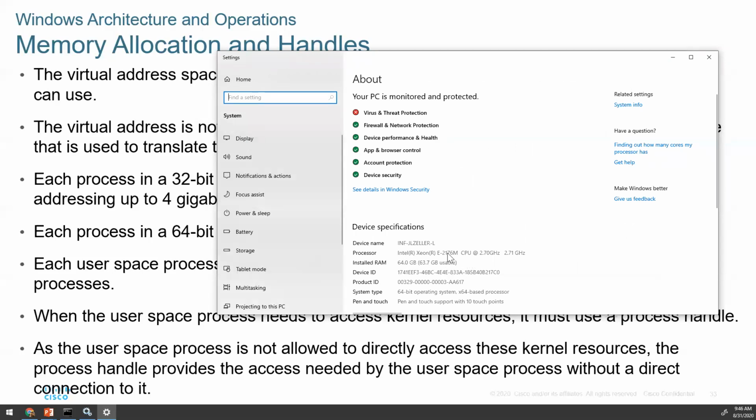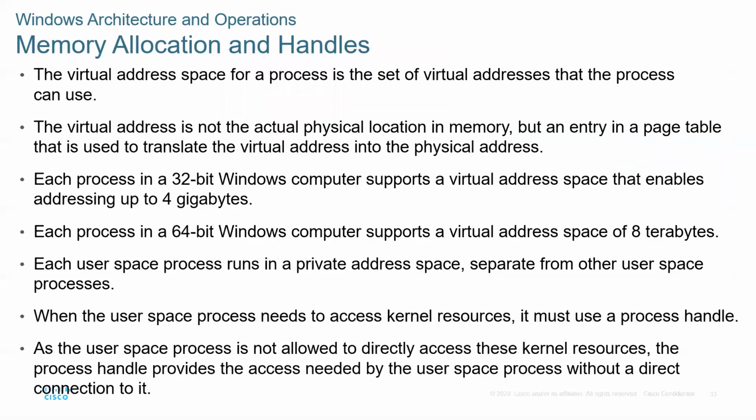But note that it is using a Xeon processor. To get those higher levels, you typically are not using desktop processors, so your Intel Pentium processors or the Core i5s, i7s, that kind of thing. Typically you won't see that much RAM available to the system. They cap out around 32 to 64.